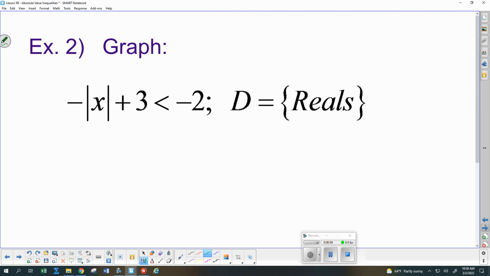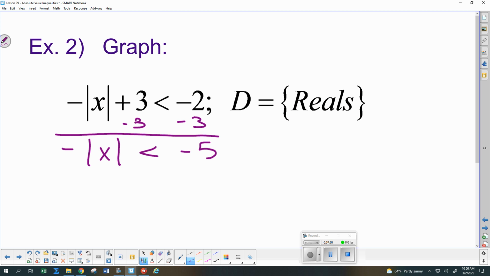Okay, this one, now we're going to have the domain as all reals. Once again, we need to isolate the absolute value of x. We can either add the absolute value of x to both sides and add 2 to both sides, or I'm just going to subtract 3 on both sides and have minus absolute value of x is less than how much? -5.